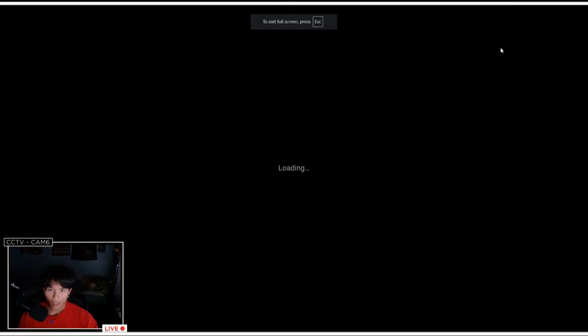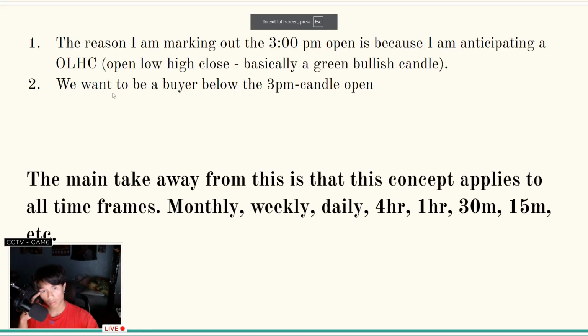And to end it all off, the reason I am marking out the 3 p.m. open is because I am anticipating the next hourly candle to be an open, low, high, close. Basically a green bullish candle. We want to be a buyer below the 3 p.m. candle open. So I want to be part of the wick, the open low.